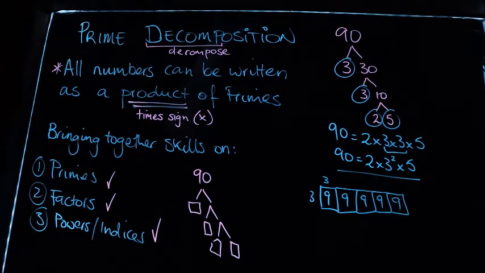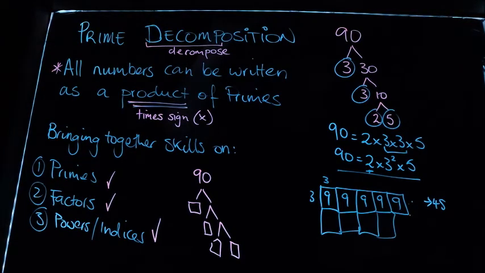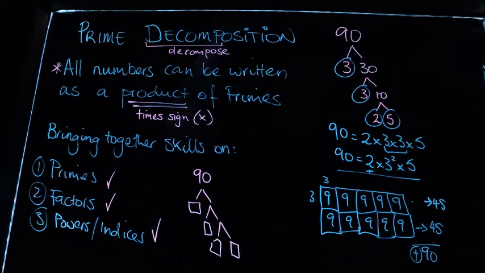So I've got 3 squared, 3 times 3, and I've got them in a row of 5, and that there is equal to 45. And this final part of the instruction, well, why don't I just put in another row of exactly the same, double everything up, and suddenly, what do I have? I have 2 lots of 45, and that's equal to 90. Add them together, we've got 90.